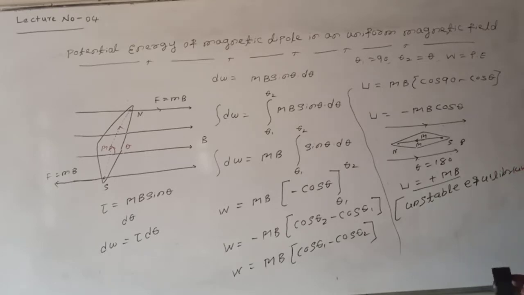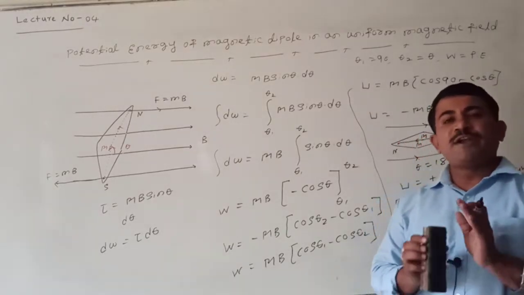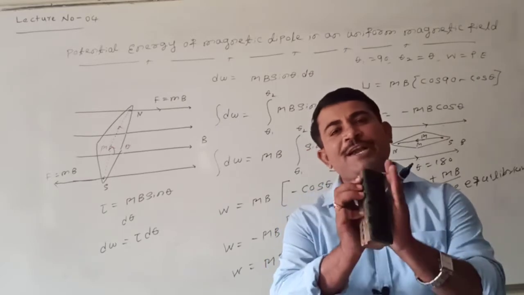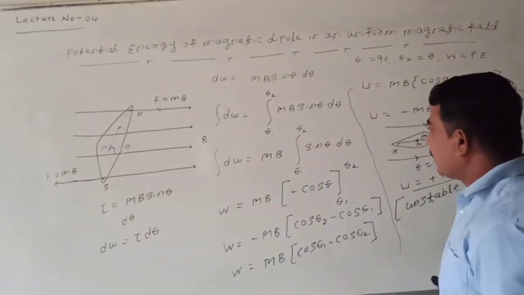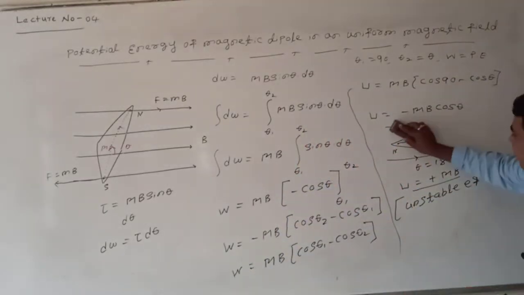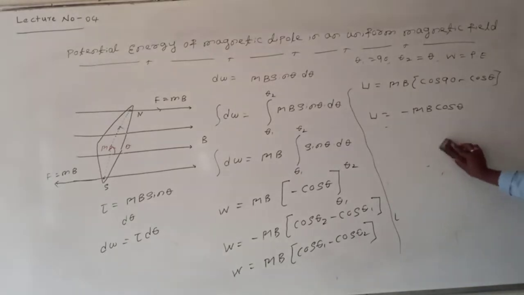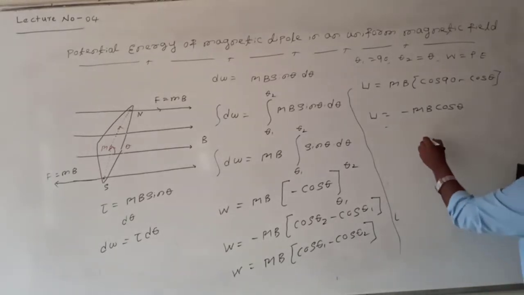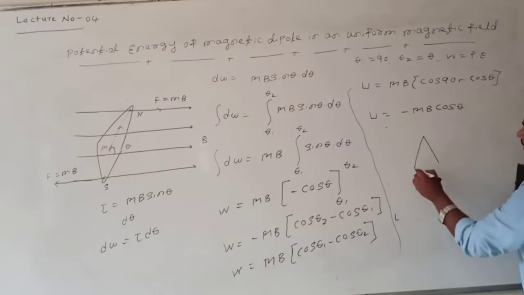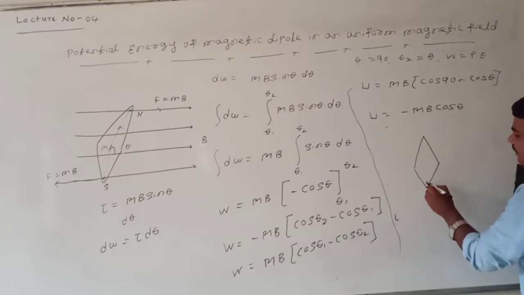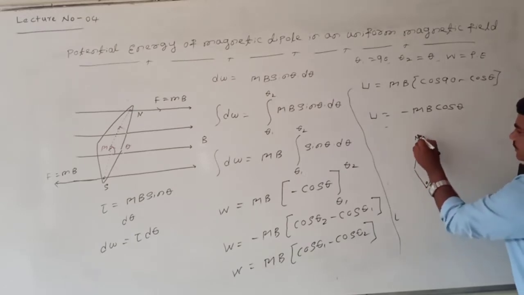The second condition. Then the third condition, when the dipole is exactly perpendicular to the direction of the magnetic field. Perpendicular means, how will we see? Look at me. This is nothing but a magnetic dipole or magnetic needle placed in a uniform magnetic field. I can call this the south pole. What about this? North pole.